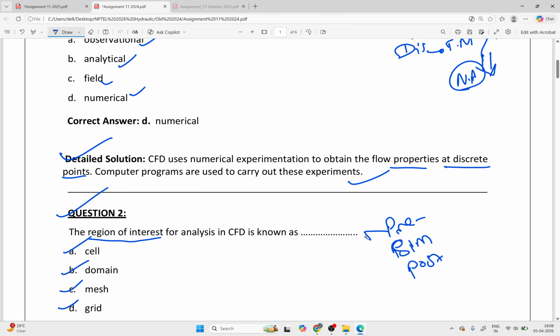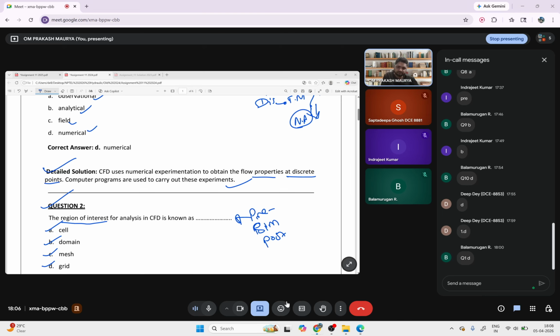So this question is from pre-processing. Please write your answer in the chat box for question number 2. The region of interest. Okay, so Bala is telling B, domain, for 2. Other students, please.